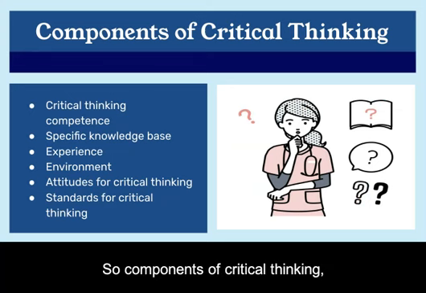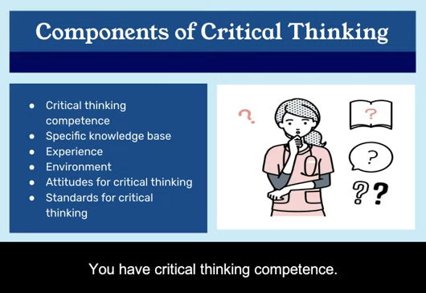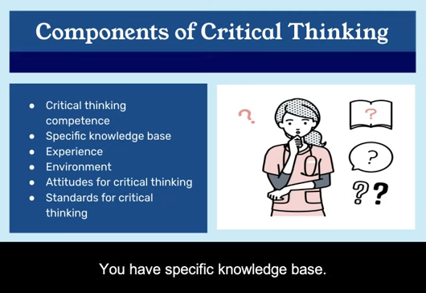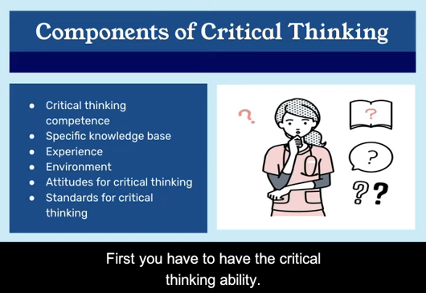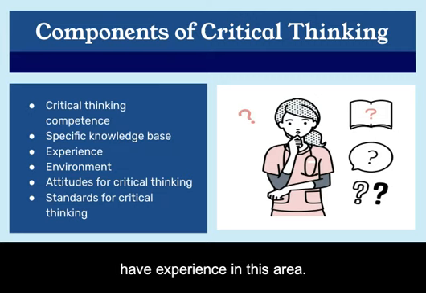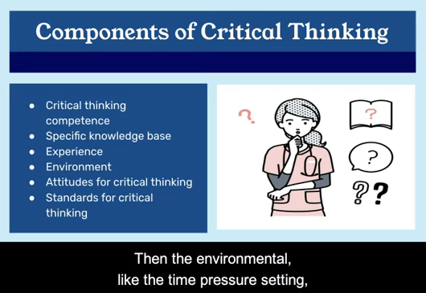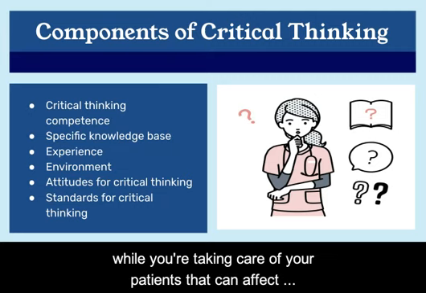So, components of critical thinking. What are those? You have critical thinking competence. You have a specific knowledge base. You need to know about the situation. First, you have to have the critical thinking ability, then have knowledge about the situation, have experience in this area, then the environmental factors, like the time pressure, setting, task complexity, and interruptions that you get while you're taking care of your patients.